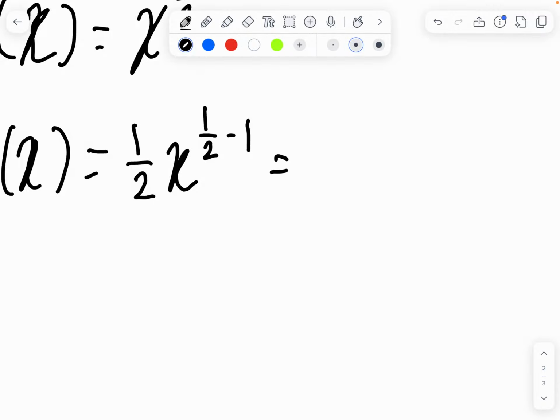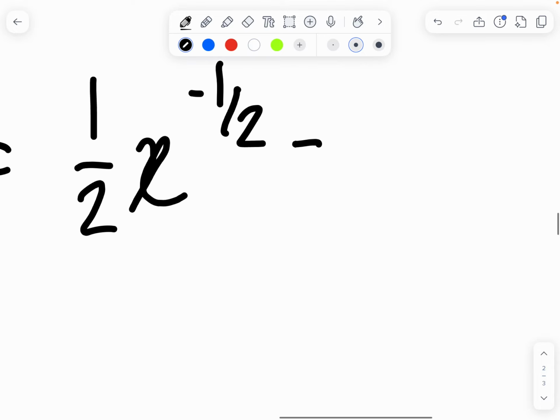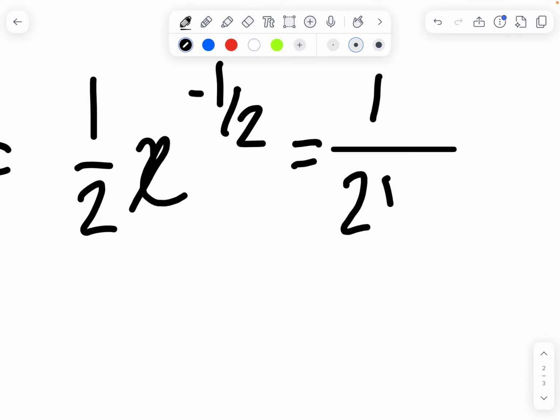And this becomes 1/2 times x to the power of negative 1/2. And then this becomes 1 over 2 root x.